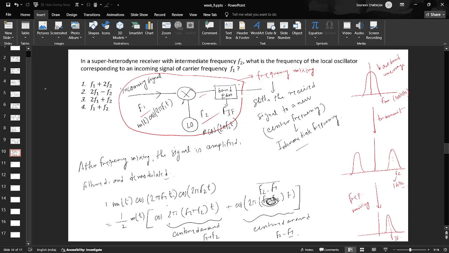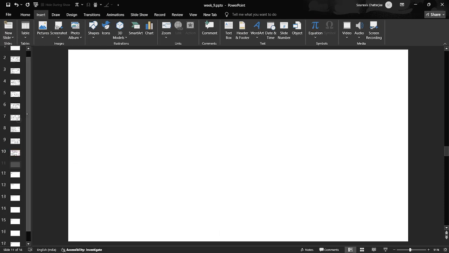Let me introduce a new slide here. If you pass the earlier signal through the band pass filter with frequency f2 minus f1, we are going to receive this.